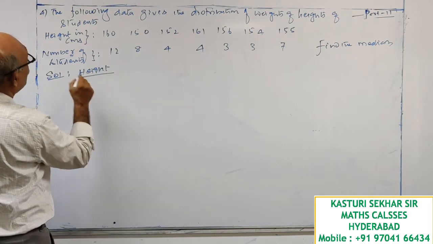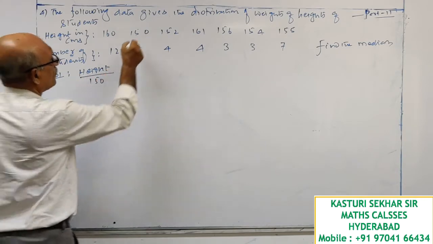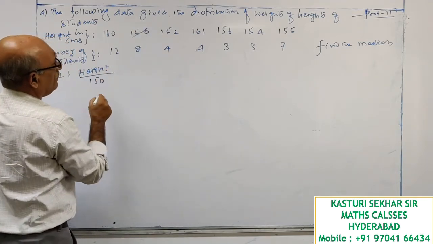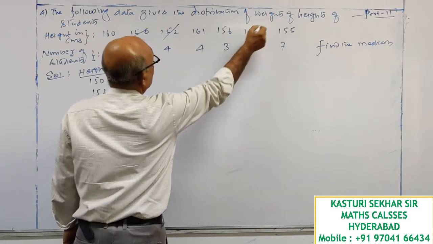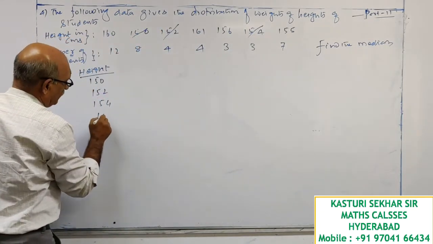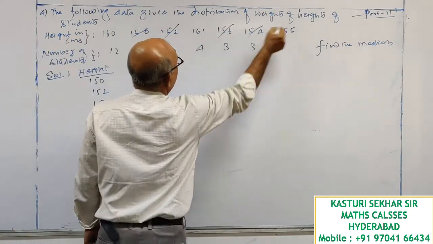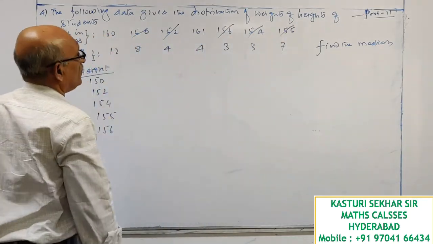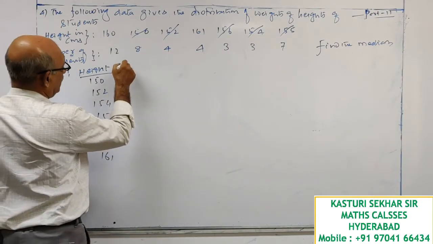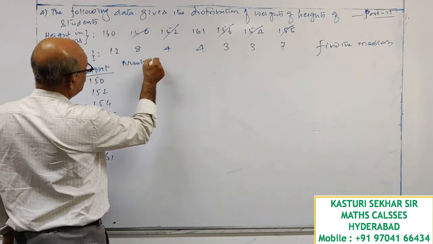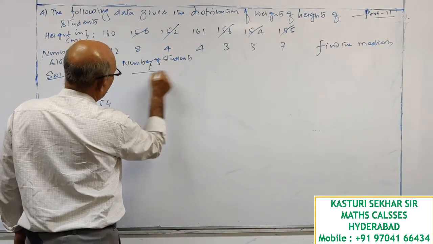Height: 150, then 152, 154, 155, 156, 160, 161. Number of students, frequency.